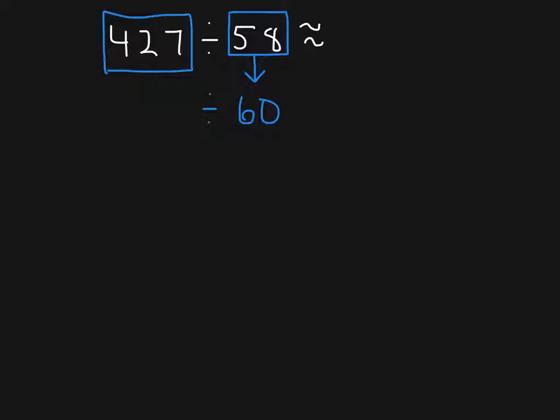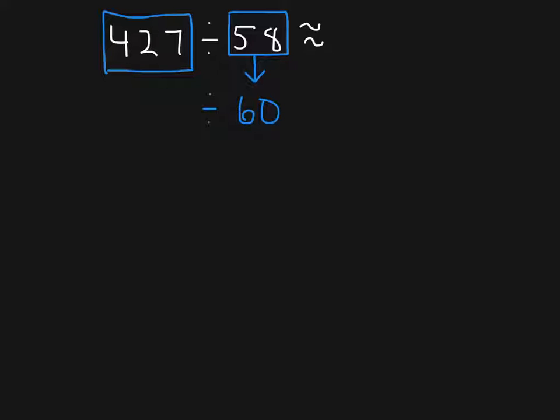But that's not compatible with the 60. You can't evenly divide in your head 400 by 60. You can't divide 40 by 60 or 4 by 6. So I don't want to round 427 to 400 because it is not a compatible number. It does not create a basic fact.